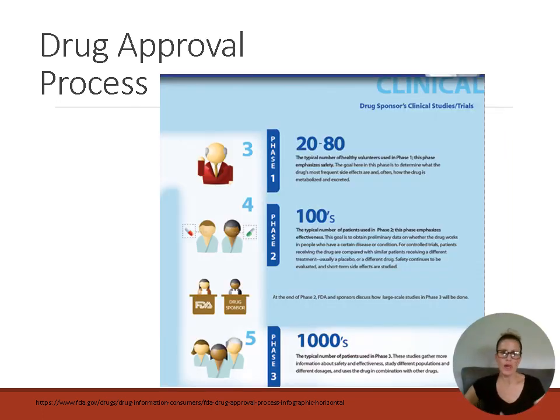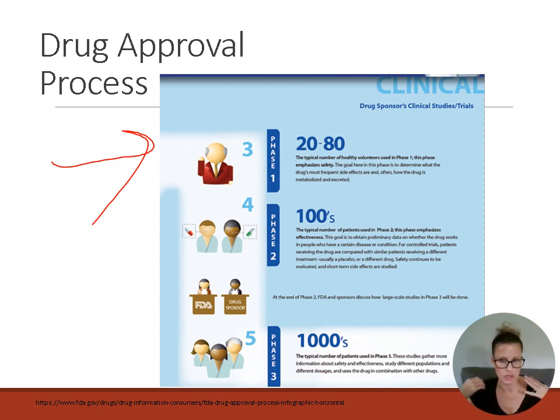Okay, so once the drug has been okayed to be tested in humans, this testing is done in multiple phases. Here, phase 1, 2, and 3 are testing that are done by the drug company. So first, in phase 1 clinical trials, this is done in a very small number of patients, 20 to 80 patients.